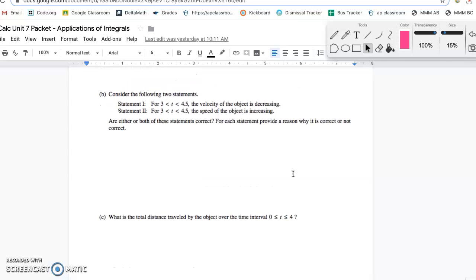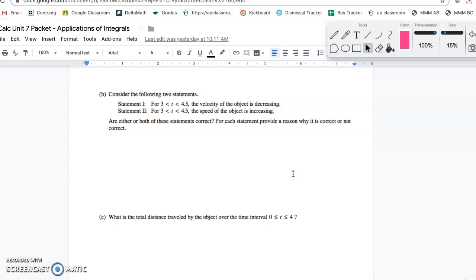This next one, consider the two statements. Statement 1: for 3 less than t less than 4.5, the velocity of the object is decreasing. And statement 2: for 3 less than t less than 4.5, the speed of the object is increasing.